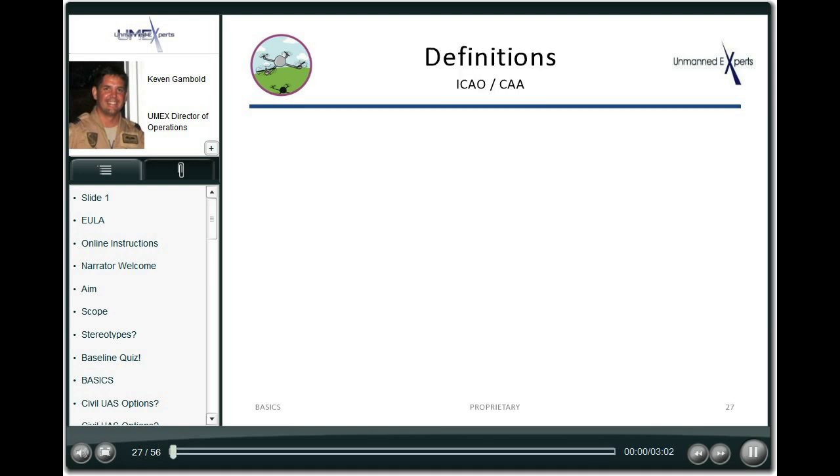Just definitions next. Okay, so TLAs will just give you what the letters stand for. In fact, there's 2 others here. ICAO is the International Civil Aviation Organization, and CAA is the Civil Aviation Authority for the United Kingdom.